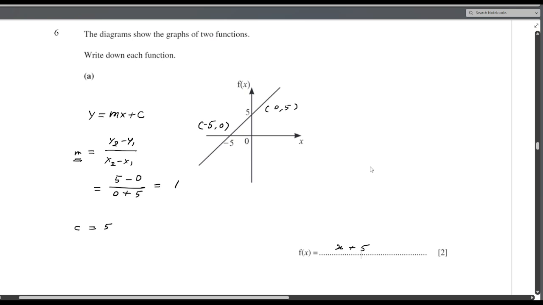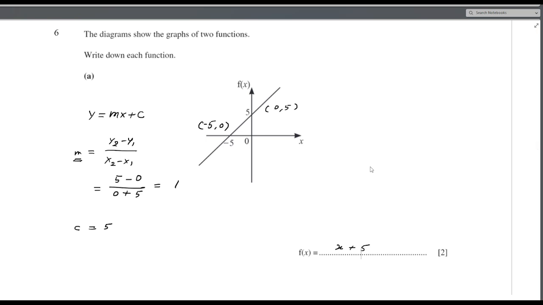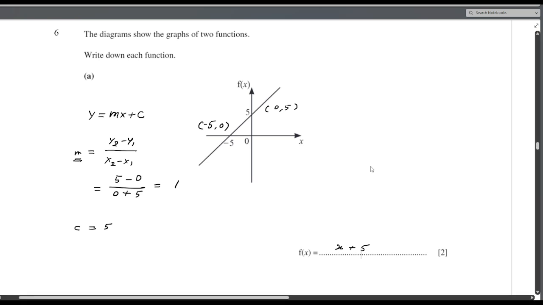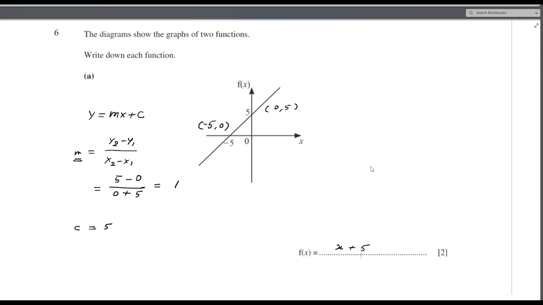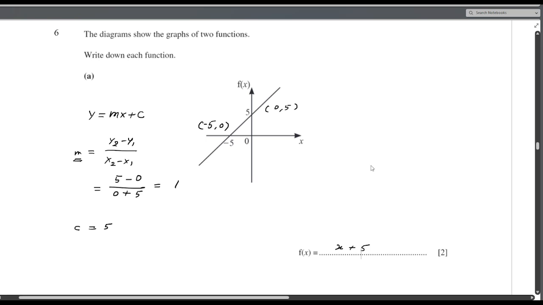Now if anybody is writing the answer directly, he says that f(x) equals x plus 5, that is perfectly okay, but I will look at what calculations you have done. So better you always show the calculation. They have given you enough space to show the calculation. It is not there for no purpose.